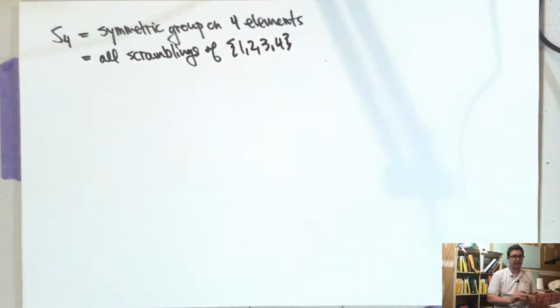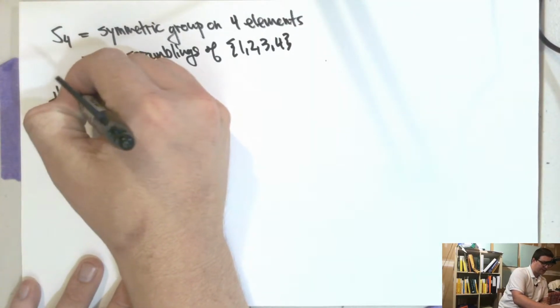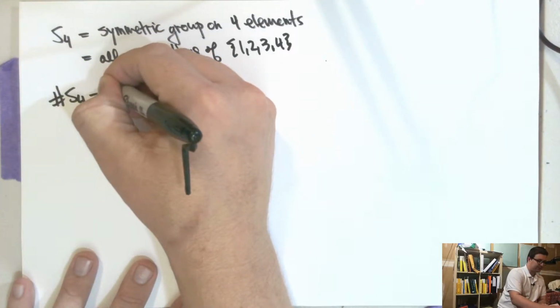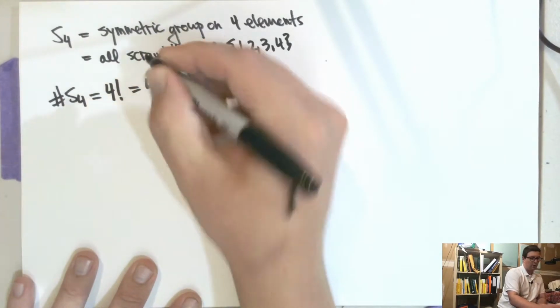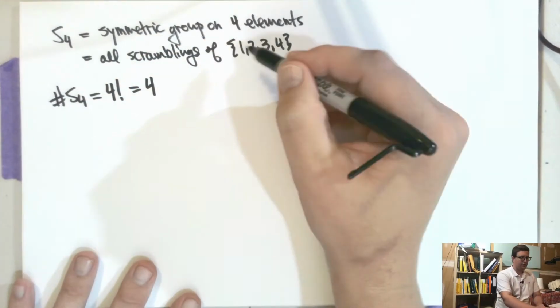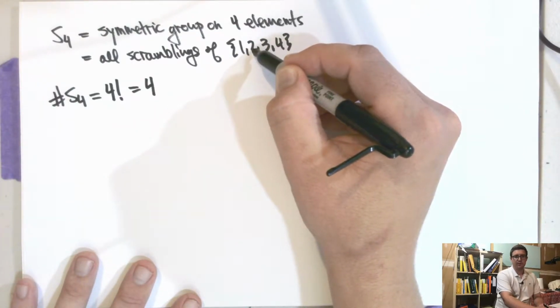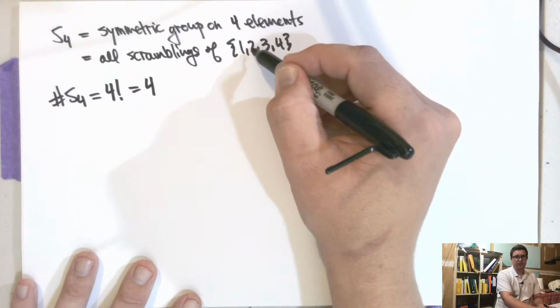How many elements does it have? Well, the number of elements of this group is 4 factorial. So you have to choose where 1 gets sent. There's 4 possible options. After that, you need to decide where 2 gets sent, so there's 3 options for that.